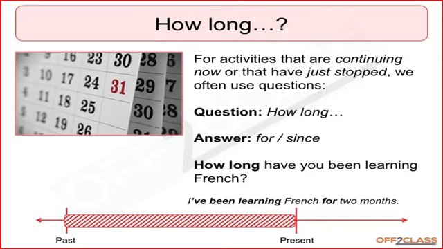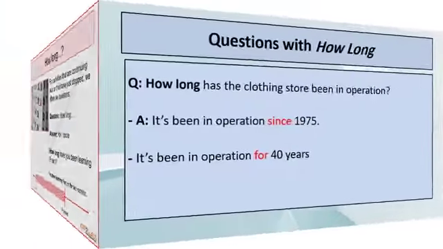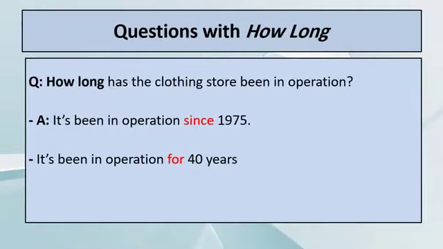How long have you been learning French? I have been learning French for 2 months. Here is another question with how long. How long has the clothing store been in operation? It has been in operation since 1975. It has been in operation for 40 years.